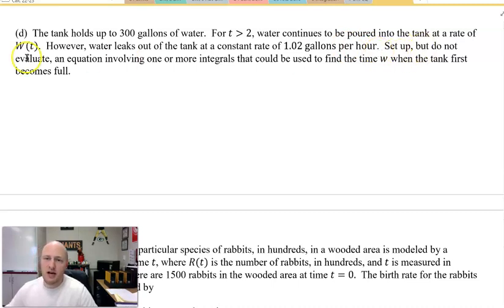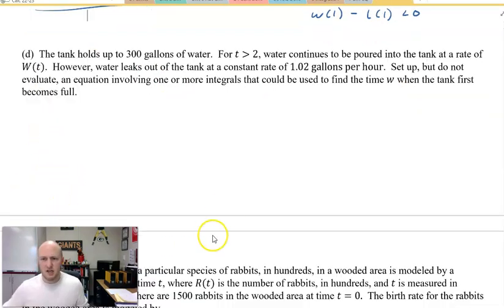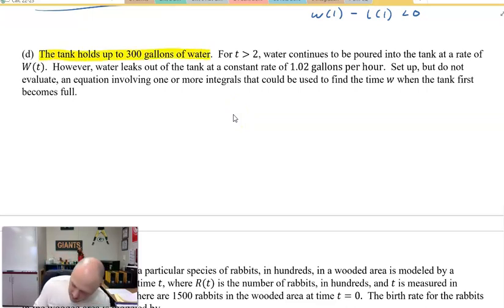Set up, but do not evaluate, an equation involving one or more integrals that could be used to find the time W when the tank first becomes full. All right, so first thing, this tank holds up to 300 gallons of water. So when they say find an equation where the tank first becomes full, you're going to want to set it equal to 300. So 300 is our tank.